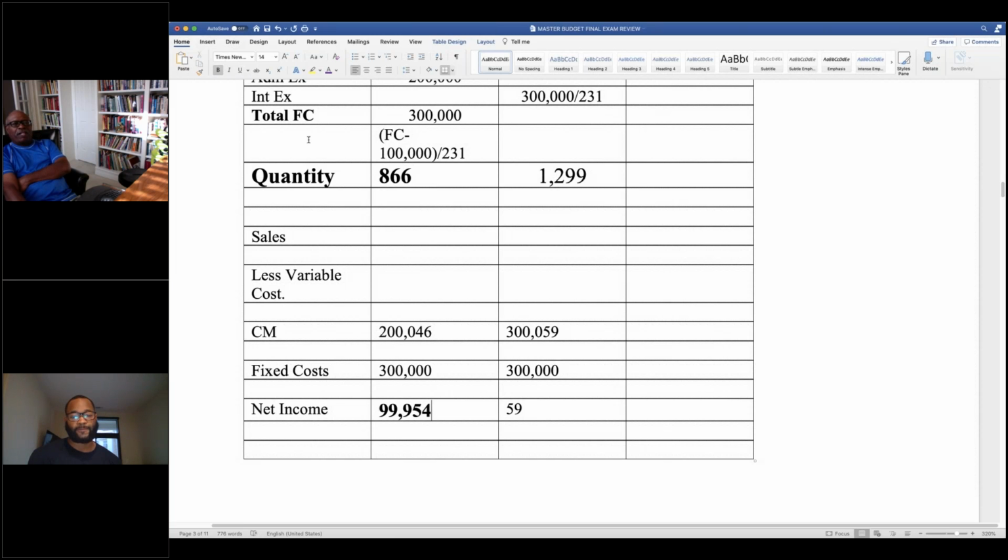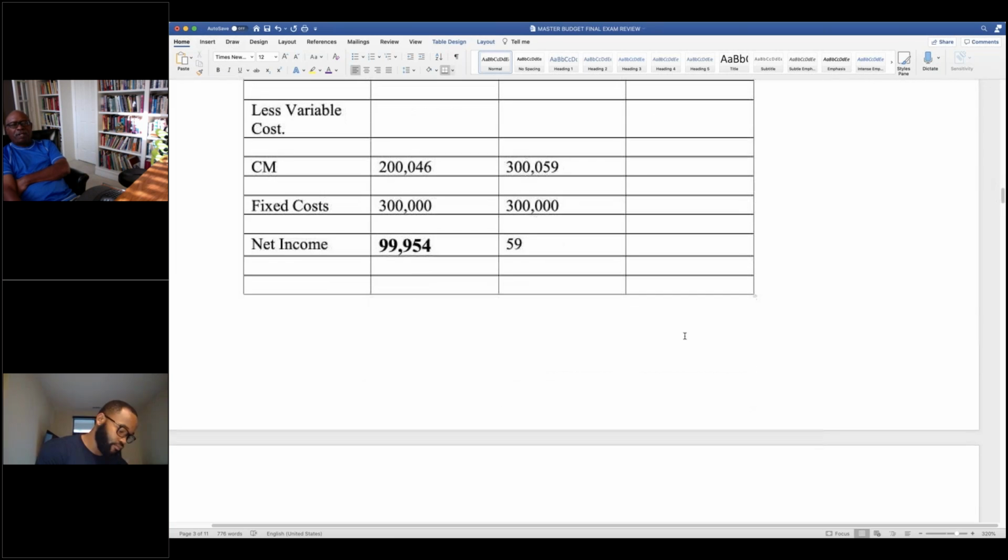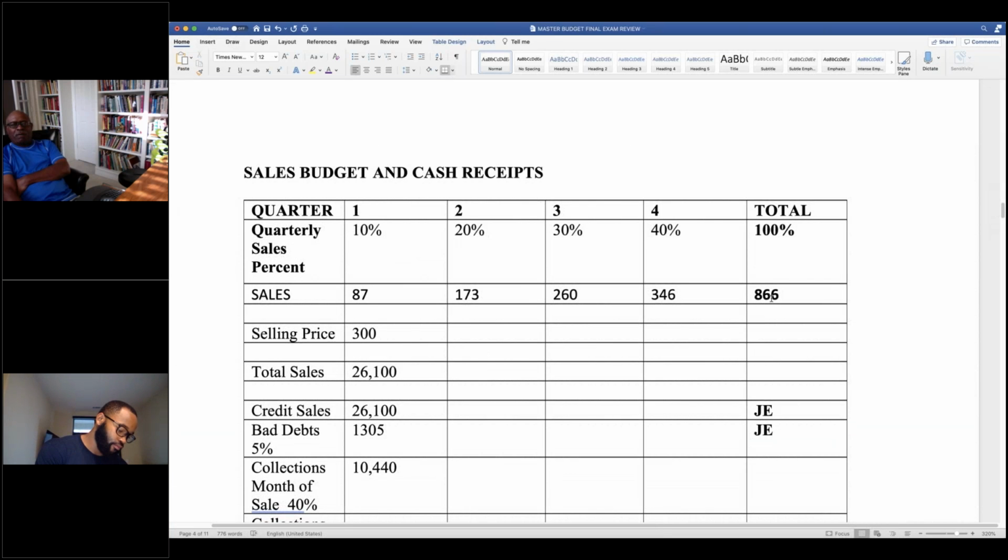Well, the first thing we're going to do is bring this 866 down to the sales budget and the cash receipts. We're going to bring it right here to the sales budget. That's how we start the problem.